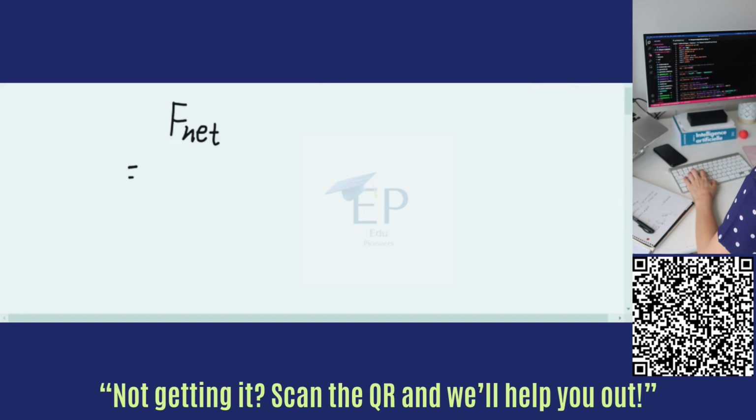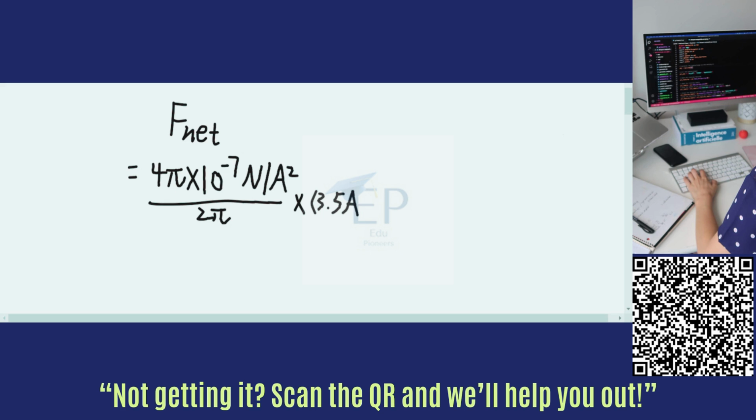So this will give us F net is equal to 4 pi times 10 to the power of negative 7 Newton per ampere squared over 2 pi times 3.5 ampere times 3.5 ampere times 10 centimeter, which is 0.1 meter, and times 1 over 3 times 10 to the power of negative 2 meter minus 1 over 8 times 10 to the power of negative 2 meter.